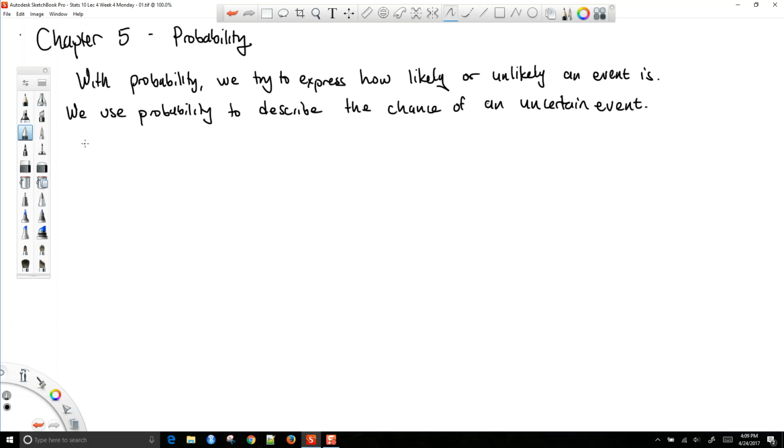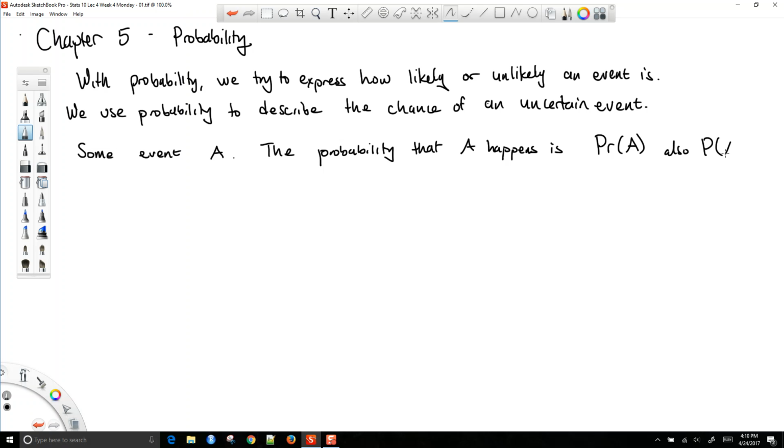And we might have some event A. Then we say the probability that A happens is the probability of A, which can also be written just P of A. Okay, this is the probability of A. And thus, we can talk about, we will flip a coin and we can ask, what is the probability the coin lands heads?